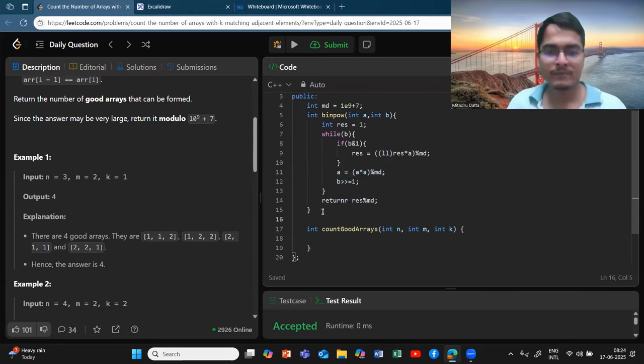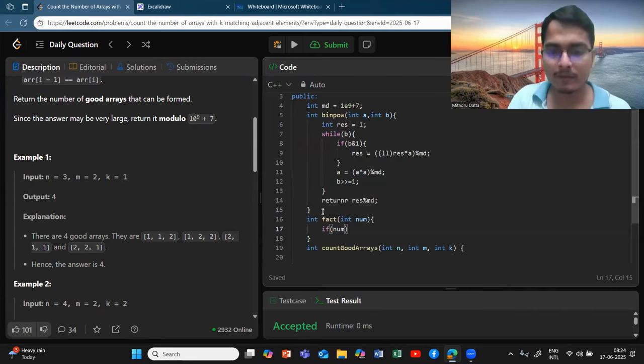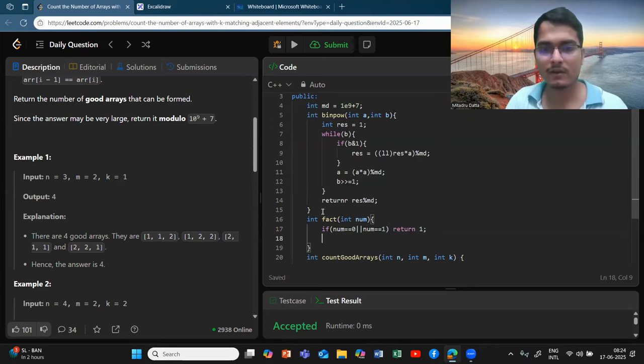Now I guess everyone of you knows how to calculate factorial. I don't need to explain it to you, right? If someone asks you to calculate factorial of num, first you check that if num is 0 or num is 1, you return 1. Factorial of 0 and factorial of 1 is 1, and then you have a result here also.